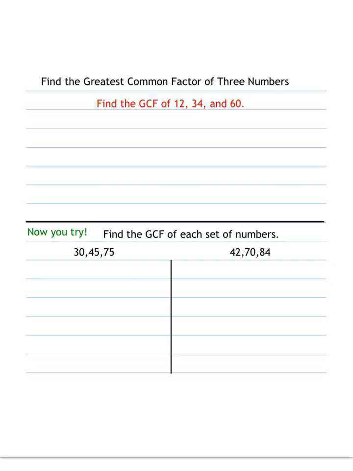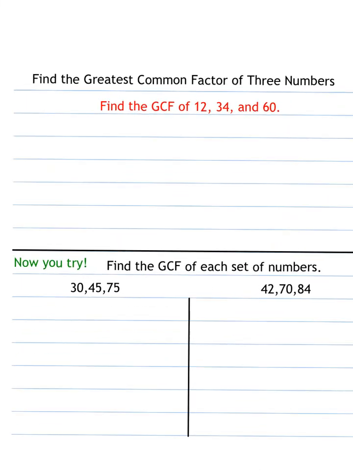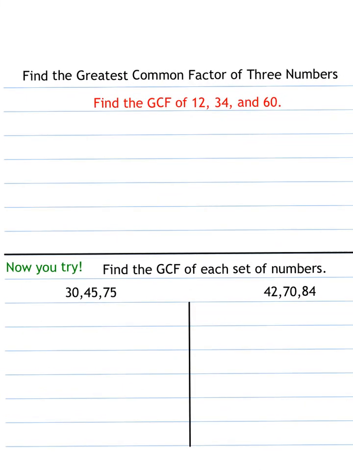Okay. All right, here we are looking at finding the greatest common factor of 3 numbers. Now we do this the same way, either doing the factor tree or listing out the factors. So I'm going to do a factor tree for this one for 12, 34, and 60. So I'm going to start with 12. Doing my factor tree. 2 and 6. 2 and 3.